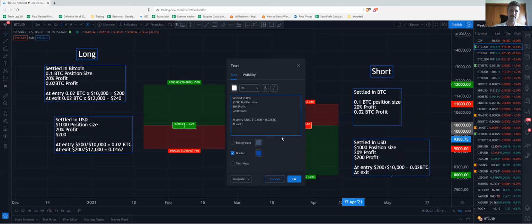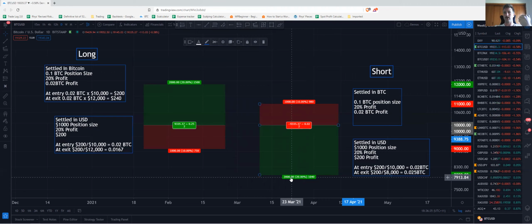But at exit, we have $200 on $8,000 because that was our target, which actually gives us 0.025 BTC. So you can see that if you were shorting Bitcoin and you trade against the USD, you essentially can accumulate an extra 25% of Bitcoin by shorting against the USD and then immediately converting that USD into Bitcoin.